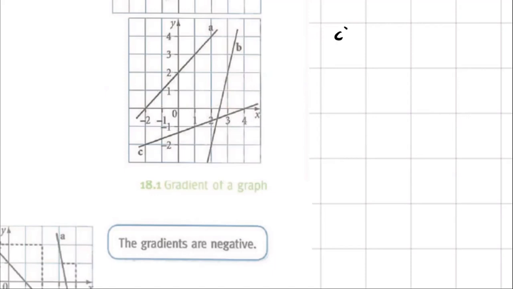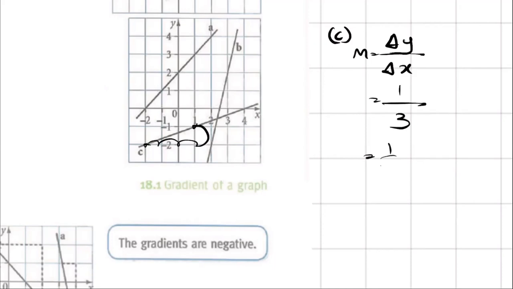Next, question C. Click here, click here. Triangle method, change in y, change in x. 1, 2, 3, 1. Done. Calculating method.